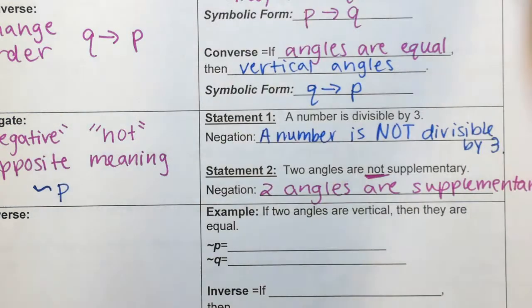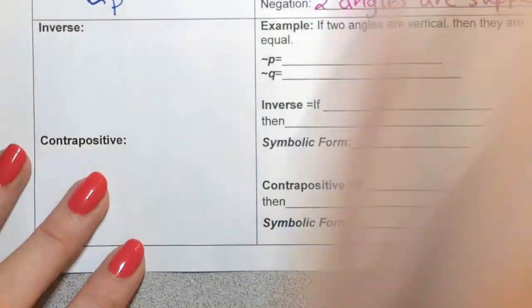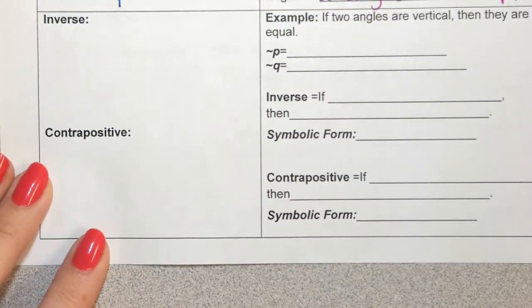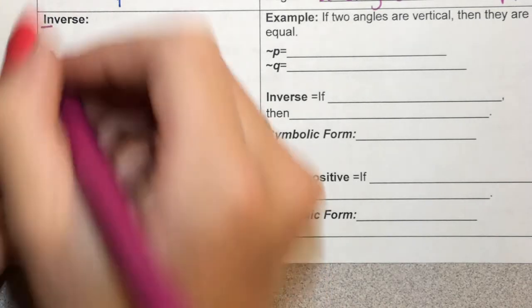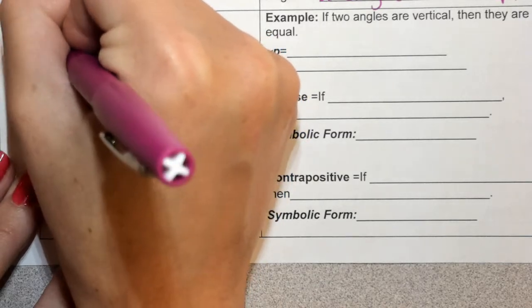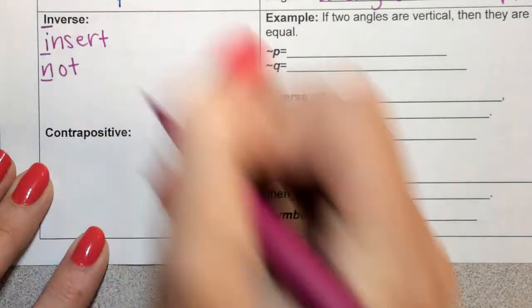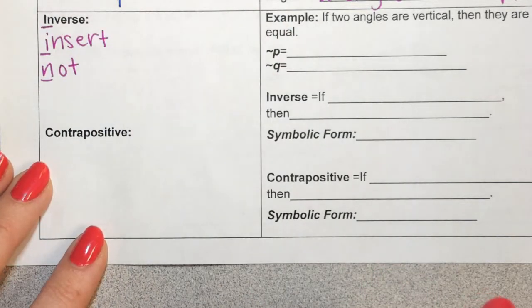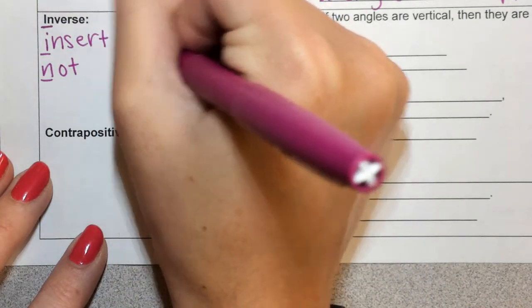All right, we are going to see negation here with our next two statements. So we have inverse and contrapositive. So our inverse, when you see those IN in the beginning, I want you to think of insert not. Insert not. So for inverse, we keep the order the same.